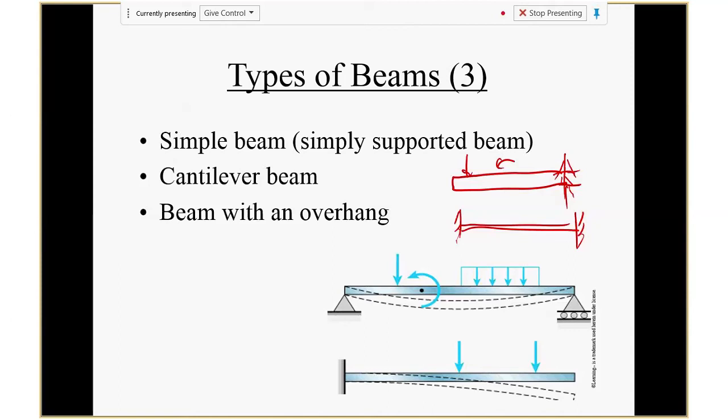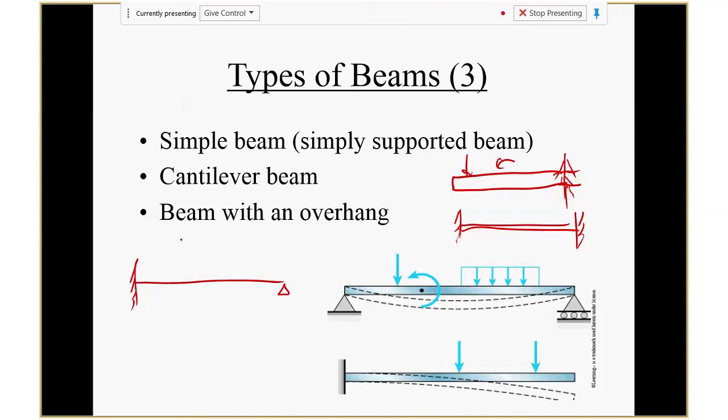Okay, other combinations. You can also have a beam, right? So you have a pin support here, but this end is fixed, one pin, right? That's also possible. And you see this kind of structure, right? This one is also indeterminate, so we'll leave that for later too, all right?